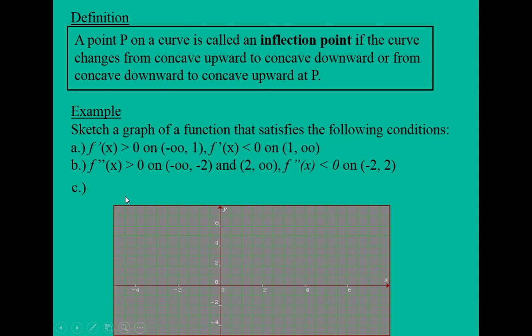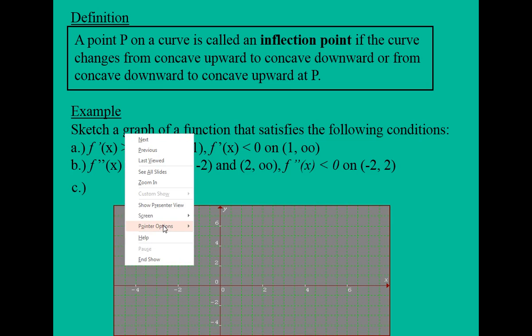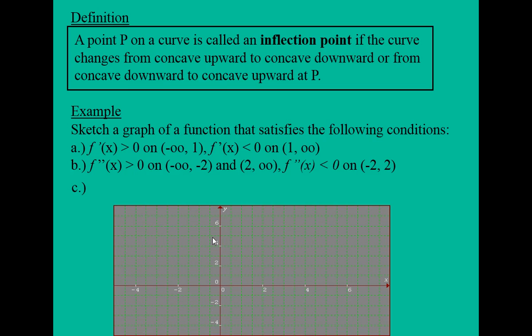Here we have an example where we need to sketch a graph of a function that satisfies the following conditions. Let's start with part A. This first part, f prime of x is greater than 0 on the interval -infinity to 1. That indicates the graph is increasing. The first derivative tells us if the graph is increasing or decreasing. This is telling us it's increasing on the interval -infinity to 1.